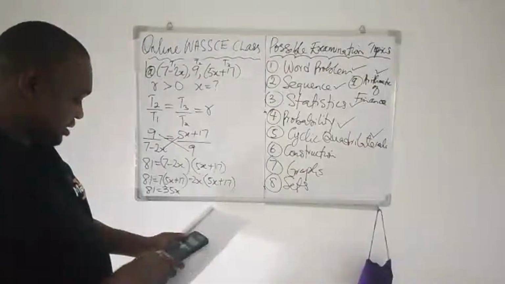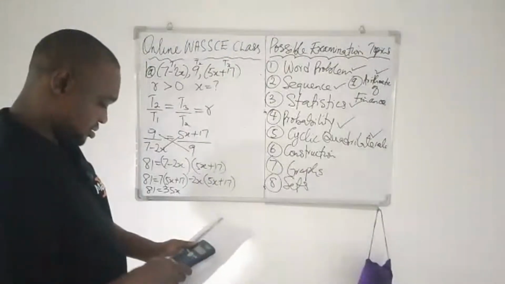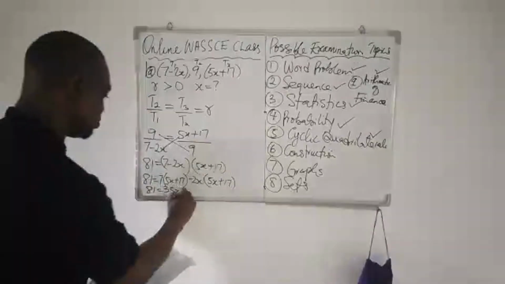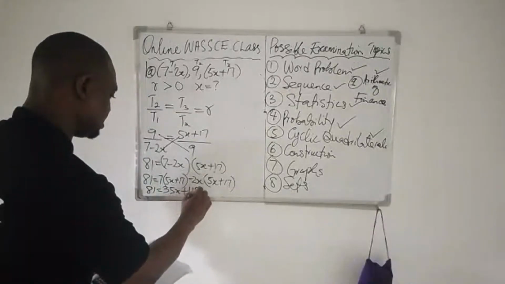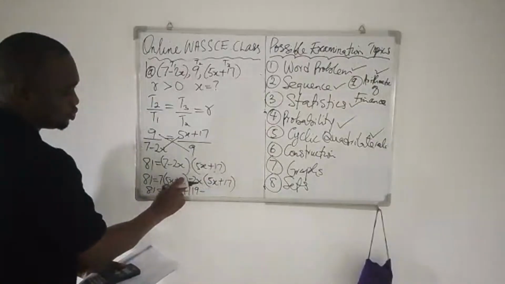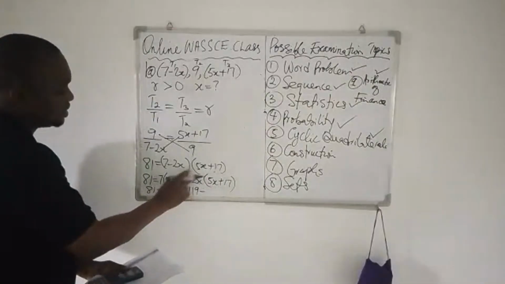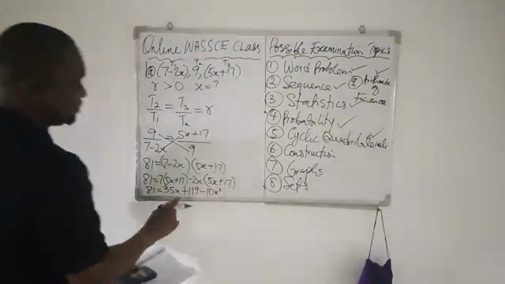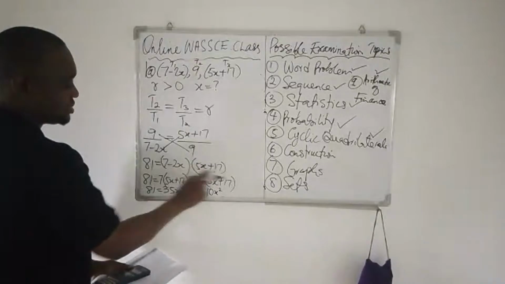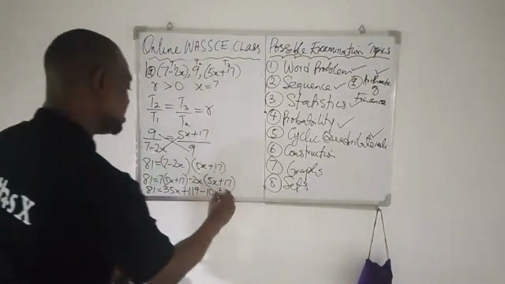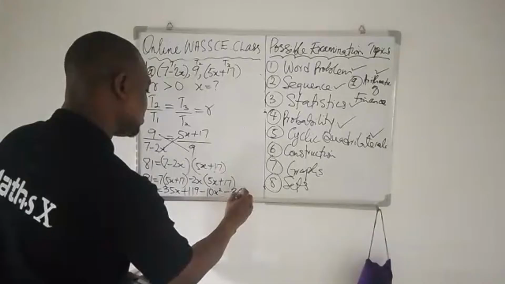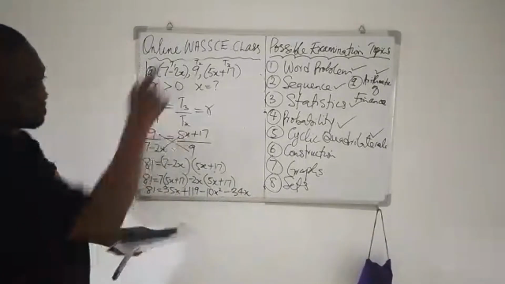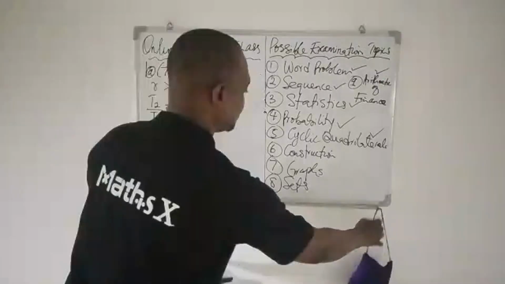So that will be 17 times 7, 119. So plus 119 minus 2x times 5x, that is minus 10x squared. Of course, minus 2x times plus 17, that is minus 34x.